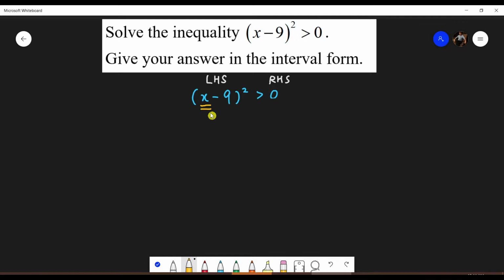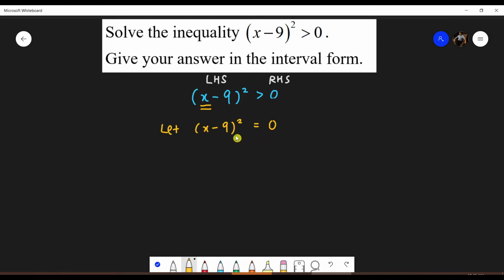So what should we do? First of all, we let the term on the left hand side equal to 0. That is (x - 9)² = 0. So let me write it first. Let (x - 9)² = 0. At this point, you may wonder why I do this. But hold on first, later I will explain.